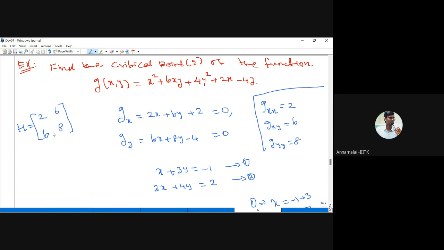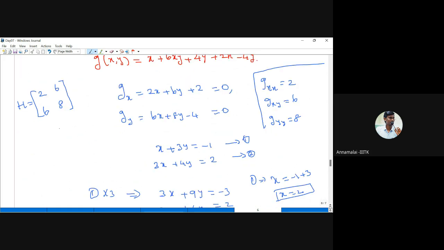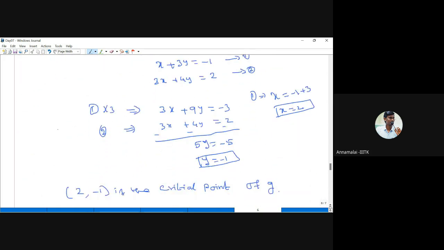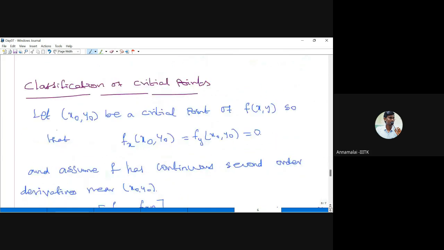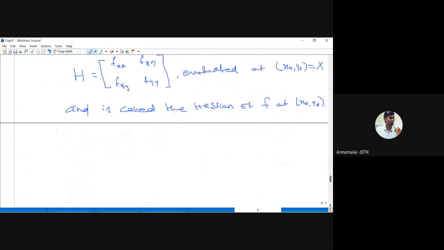So this is a unique matrix for all points, but it's not true for every function. Maybe sometimes the matrix entries are functions of x and y. So if you substitute the point x naught, y naught, you will get that one. So therefore, that matrix is called the Hessian of f at the point x naught, y naught. Okay, now in order to determine the type of the critical point, we look at the matrix.